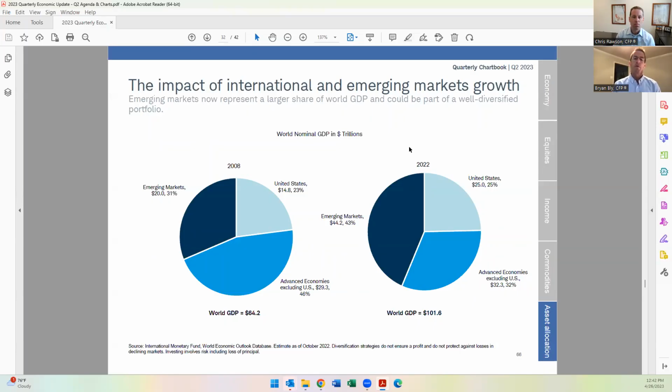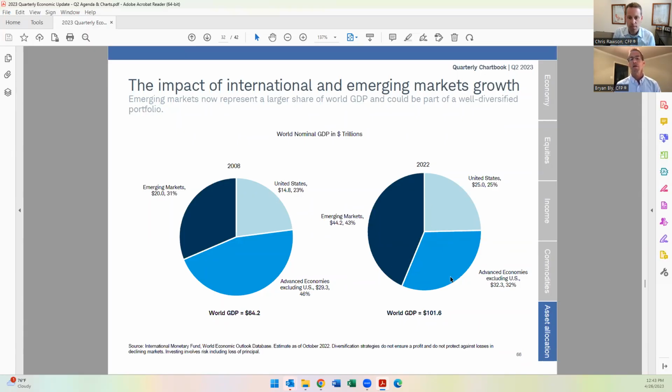And then lastly, on the equity standpoint, all the portfolios, the models, have an allocation to emerging markets. And this is an update of the slide we showed last time. Emerging markets, as can be seen here, as a percentage of GDP, has actually grown since 2021, and it's now sitting at 43% of the GDP. So that's one reason why we include emerging markets as part of the allocation for all of our models.